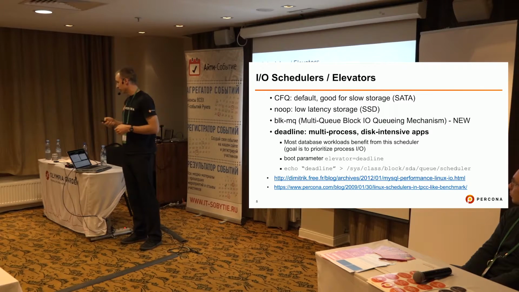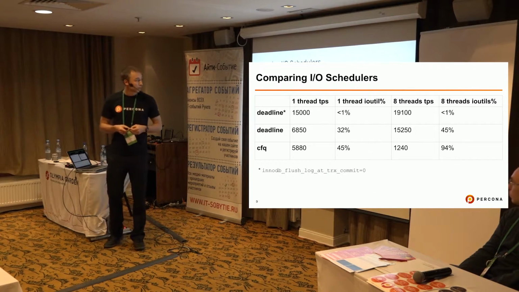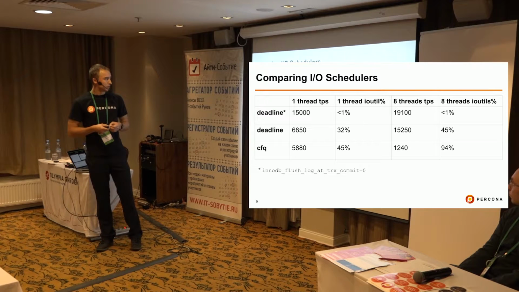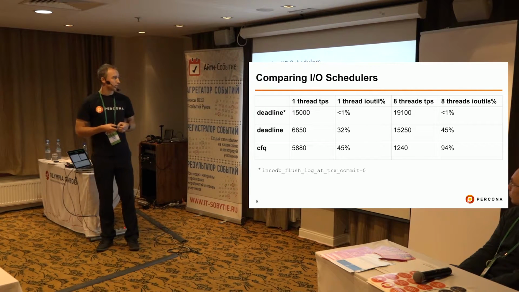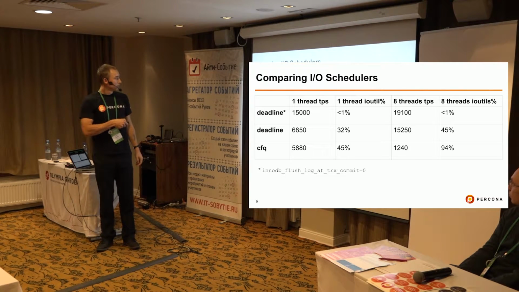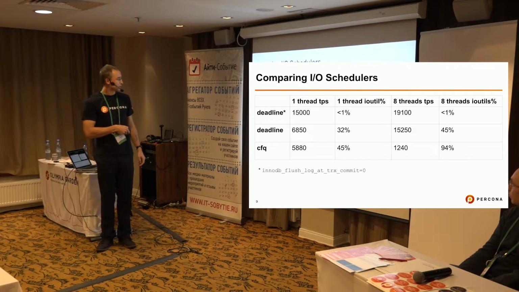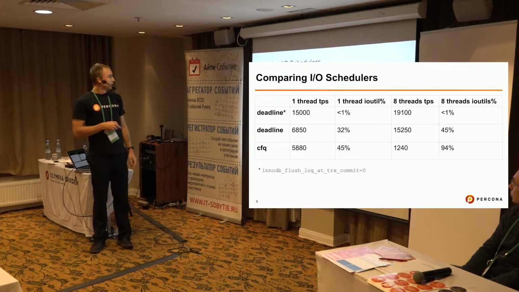So we can look at a quick benchmark comparing deadline to CFQ. This is an old benchmark. It used MySQL 5.5, which didn't have group commit. So you see that difference between the 2 deadline cases with and without flush log at transaction commit enabled and disabled.